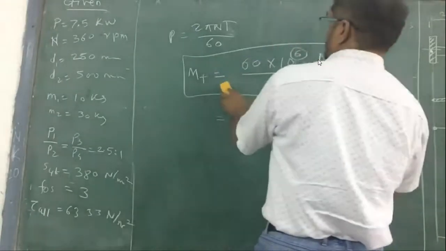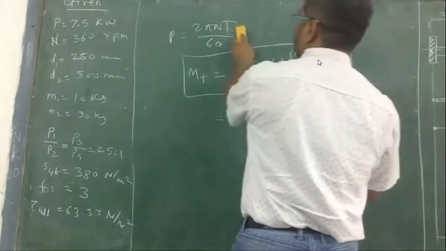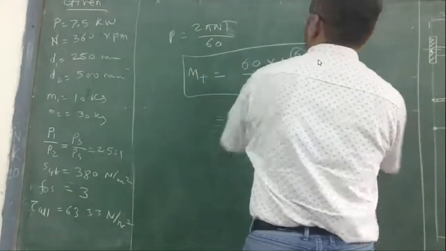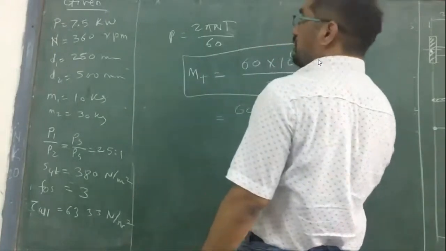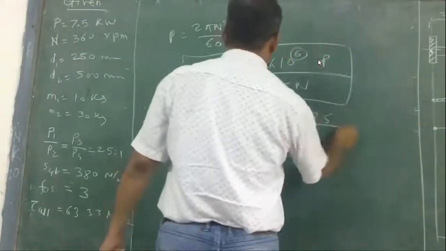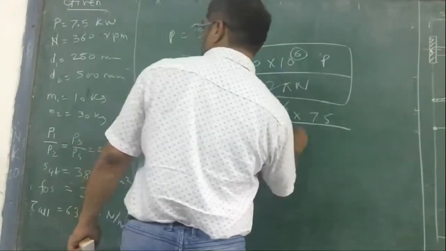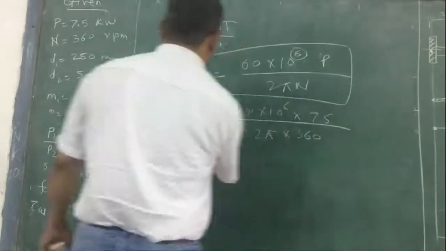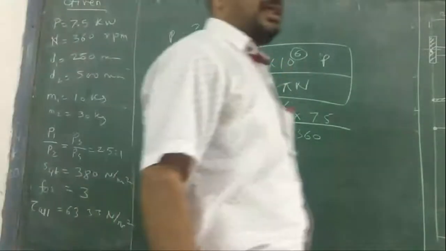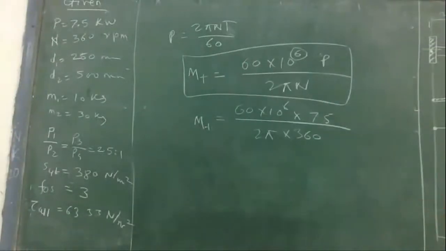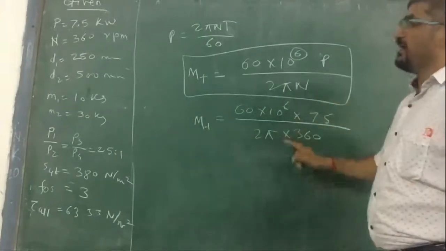What is the power given to us? The power given is 7.5 kilowatt. Why are we taking this directly? Because the power is given in kilowatt, we take it directly in kilowatt, and the answer we will get is in Newton mm.